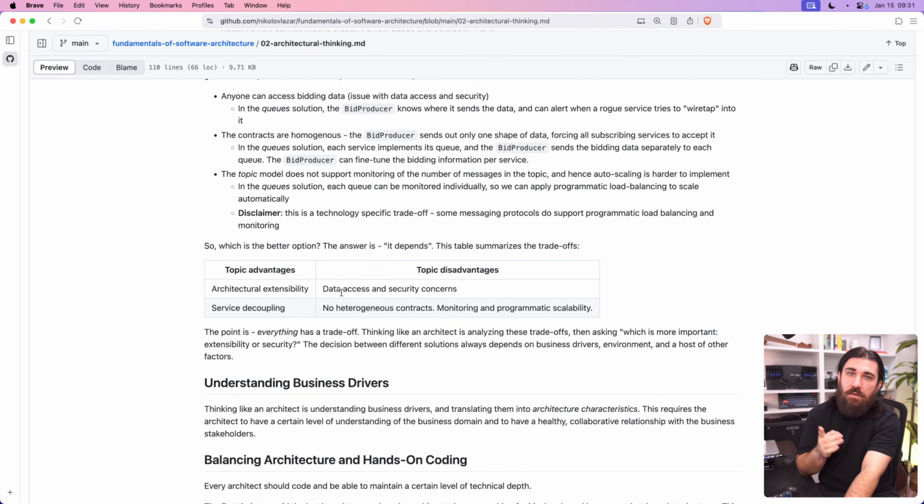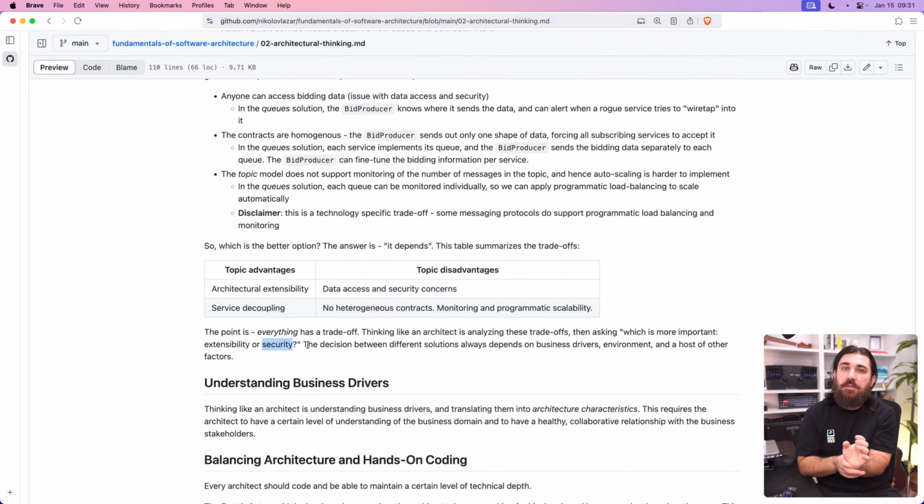And this is also why as an architect you need good business domain knowledge, because if this is a banking application or a healthcare application, you would definitely prioritize security over extensibility. So if you're working on an application where the data is sensitive and the data access is very strict, you would go with queues because you need to ensure security.